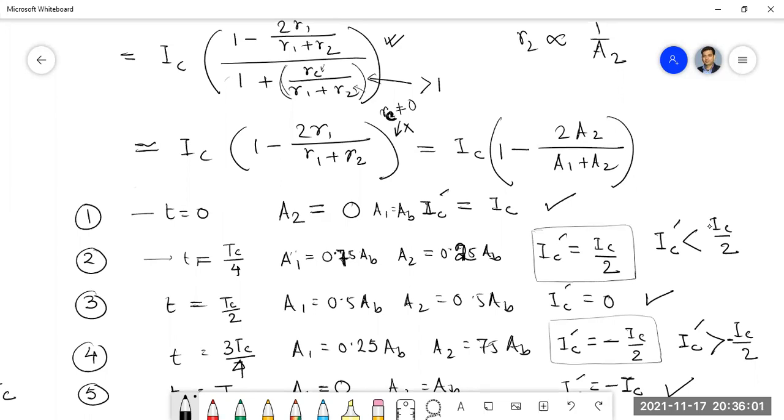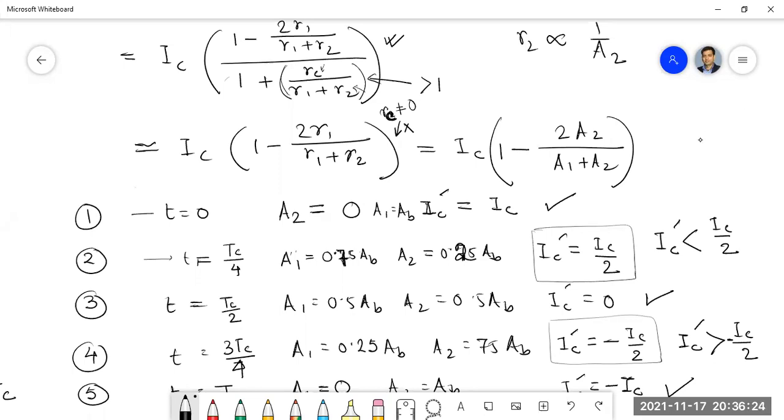Did you understand? Look, did I write this correctly? Just check it. Will it be less negative or more negative? Less negative. Sir, more negative.